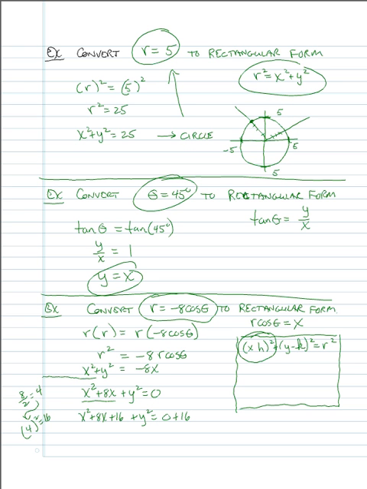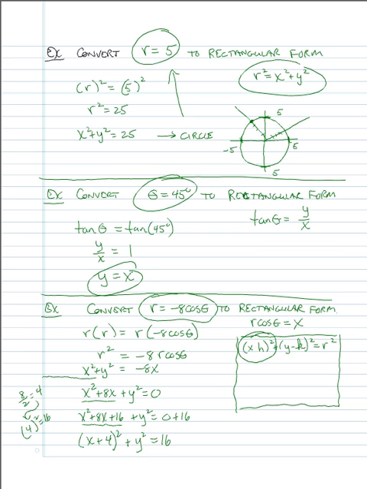Now the whole point is that this x squared plus 8x plus 16 is a perfect square trinomial. That is, we can factor it as x plus 4, the quantity squared, plus y squared is equal to 16.